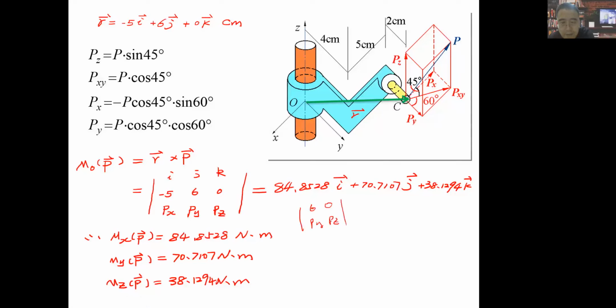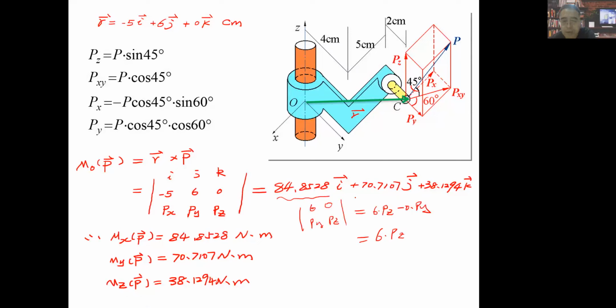Because this is a 2 by 2 determinant, it's very easy, just cross product and minus. It equals 6 times Pz minus 0 times Py, right? It's only equal to 6 times Pz. So if we find the value of Pz, you will find this result.